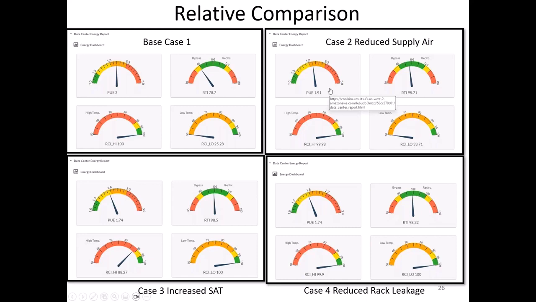In case 2 it came down to 1.9, and RCI started to get affected just a little bit, not so bad, still too cold. Then we went up in temperature, and now the rack started to leak because we had air management problems. But RCI low came up, we got close in RTI, PUE 1.74, looking pretty good. So the final step was air management, as Magnus pointed out. Go ahead and fix the air management so that you're not leaking, things are sealed up.